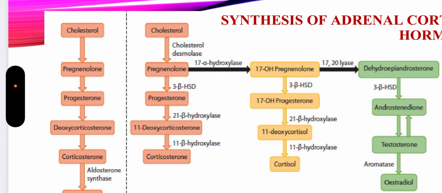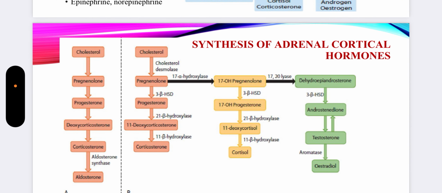Progesterone is acted upon by 21-beta hydroxylase to form 11-deoxycorticosterone, which is further acted on by 11-beta hydroxylase to form corticosterone, which is our main glucocorticoid.